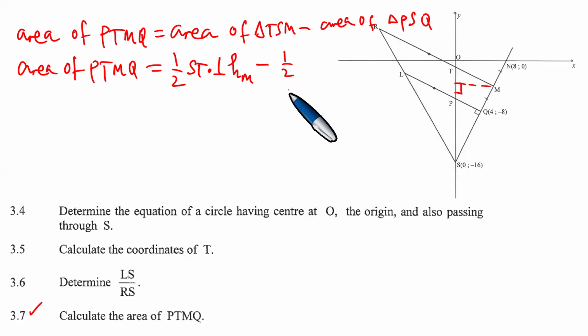Minus half the base. The area of triangle PSQ is half the base PS multiplied by the perpendicular height H subscript Q. So if you look at the area of the triangle PSQ, you can take the base PS and then we construct the height there, that sits exactly on the base.